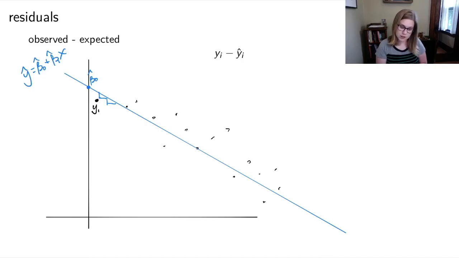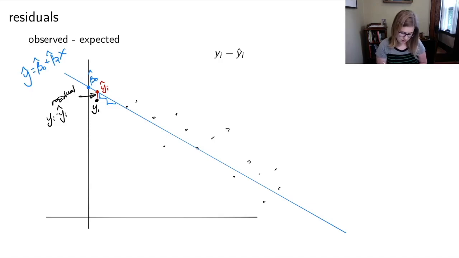So the model prediction is always on the line. So my model prediction would be up here on the line, and then my residual would be the difference between the observed and expected. So this is my y i hat on the line, and that difference right here, that's the residual, that little line. That's the y i minus y i hat.